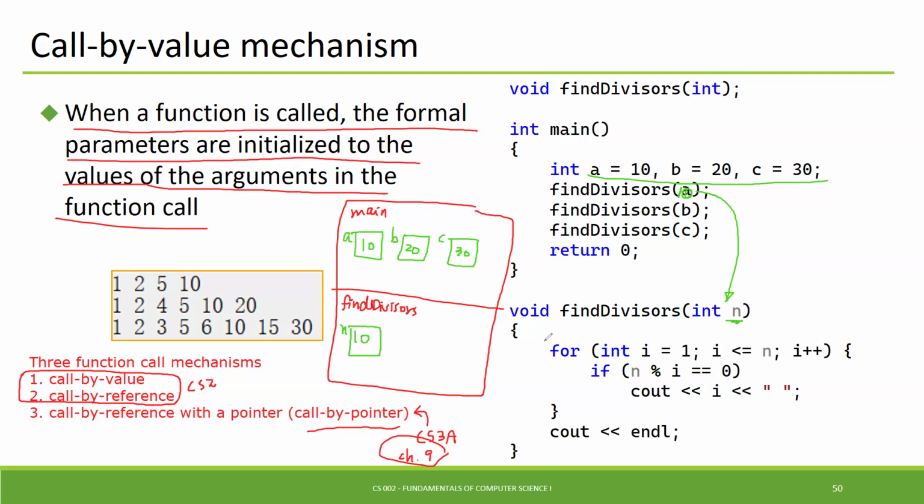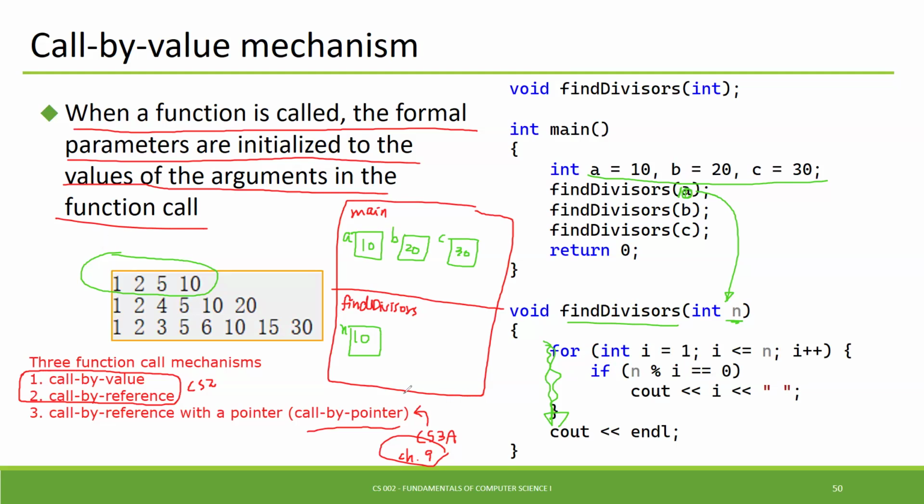And then this is the find the factors part, so this part will be executed. At first this function will find the divisors, factors of 10. So this is the first line that is printed out by the function call with 10.